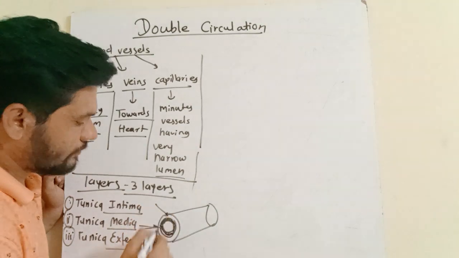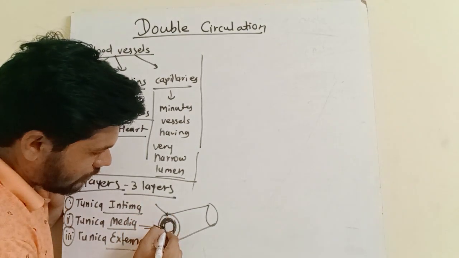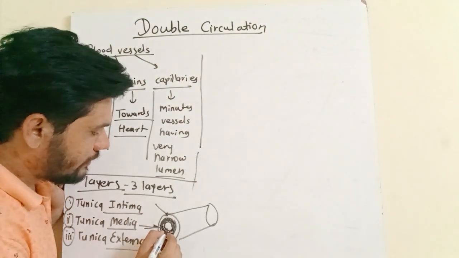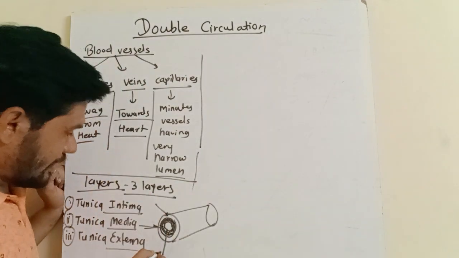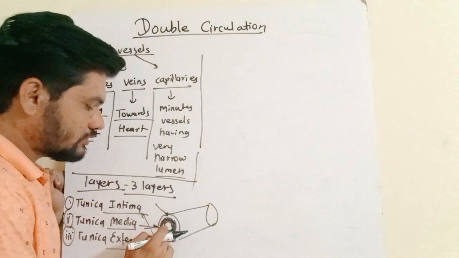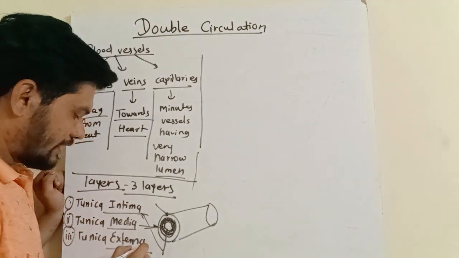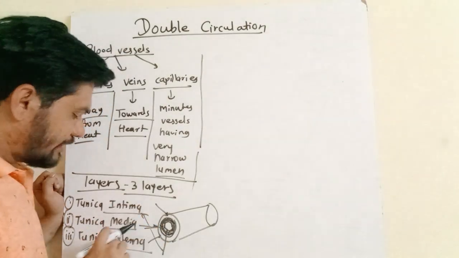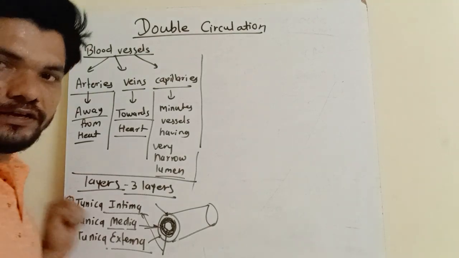This is externa, and the inner layer of thin squamous endothelium is called the tunica intima. So tunica intima is the innermost, tunica media is the middle layer, and tunica externa is the outermost layer.